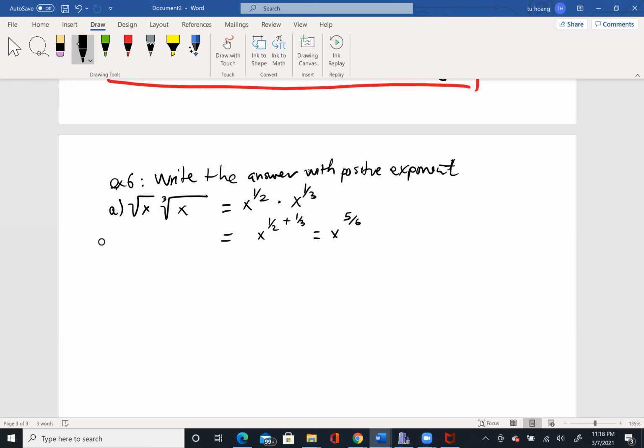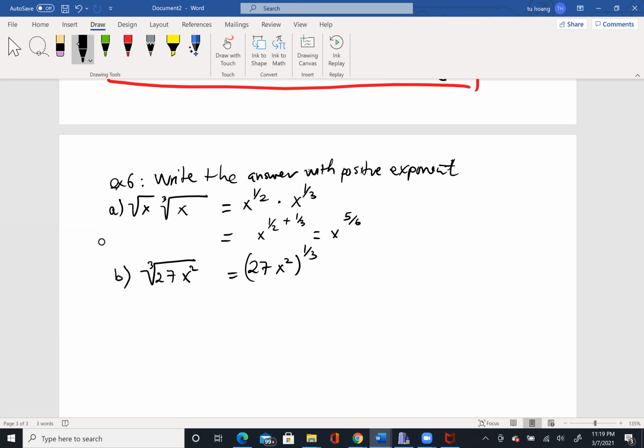So let's do another example. Cube root of 27 times x squared. Okay, so for this one, you can first convert the cube root to 27x squared, everything to power 1/3, right?